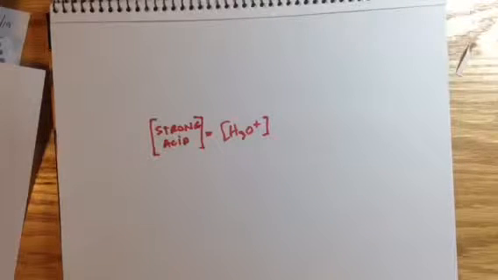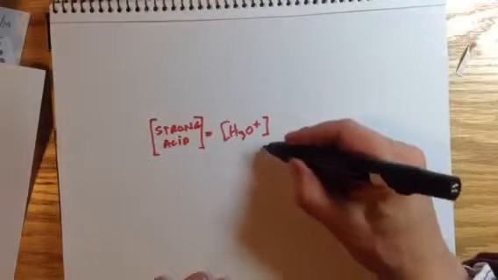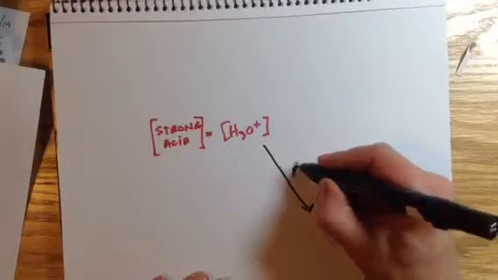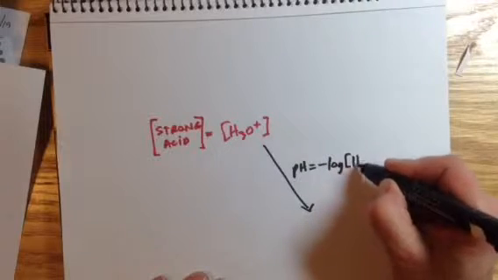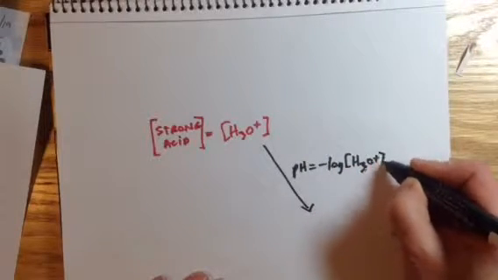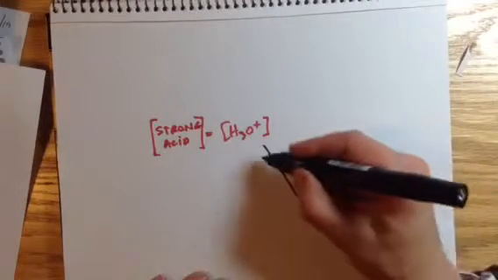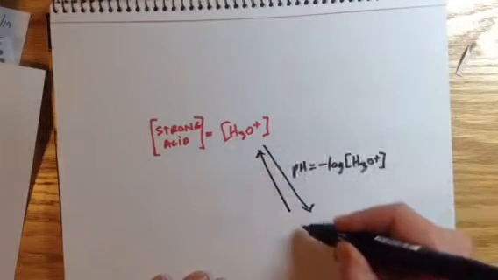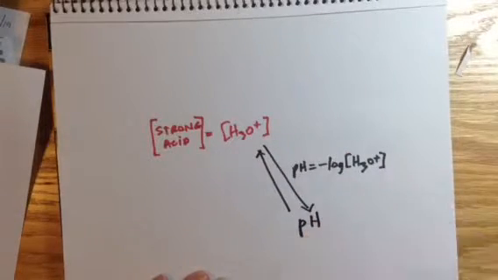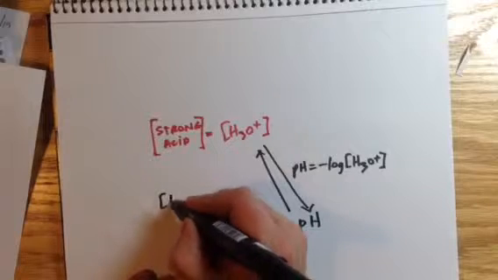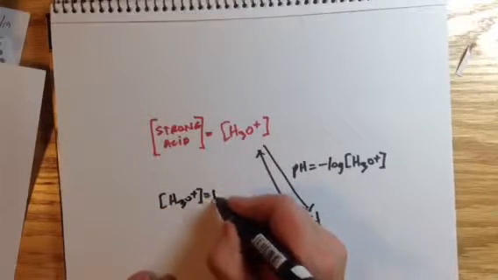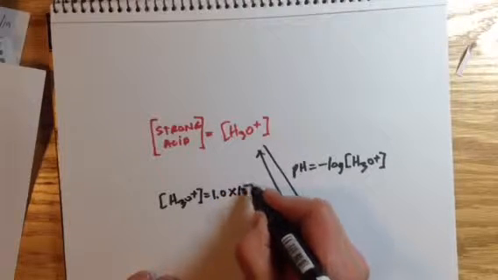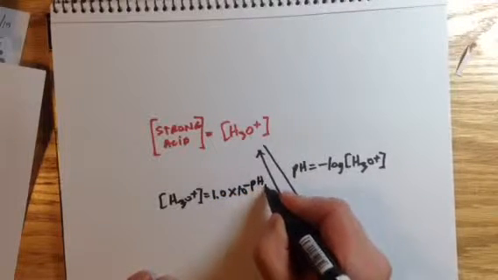If you have this, then you can get the pH. pH is equal to the negative log of the hydronium ion concentration. And you can go back: if you have the pH, you can get the hydronium ion concentration by taking 1.0 times 10 to the minus pH molar.